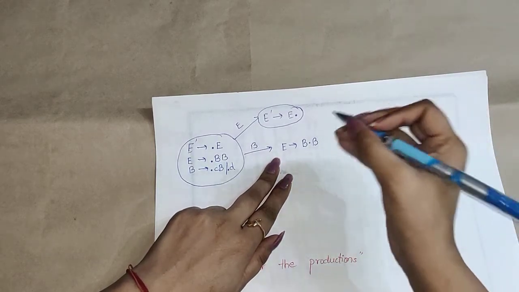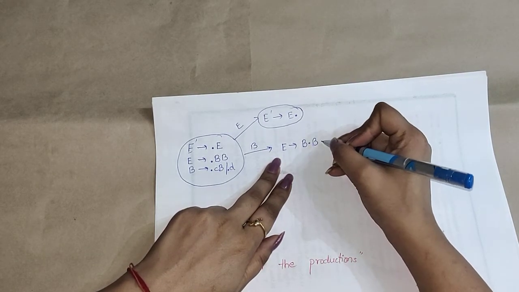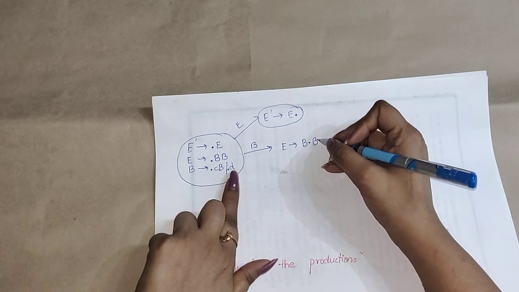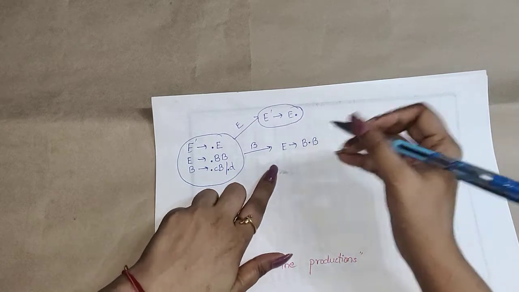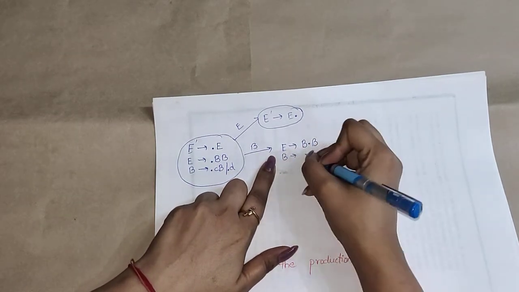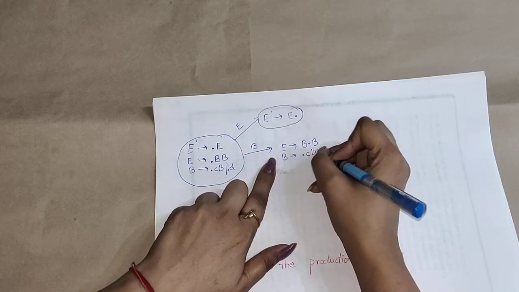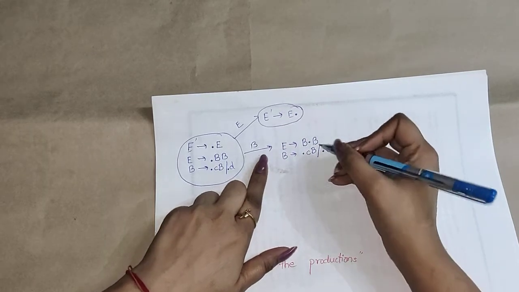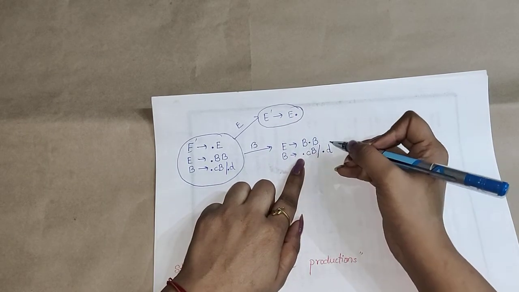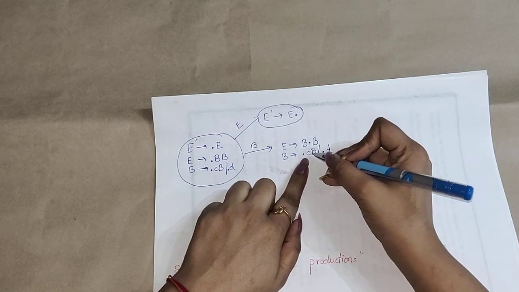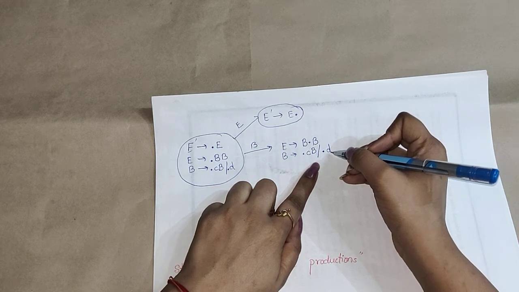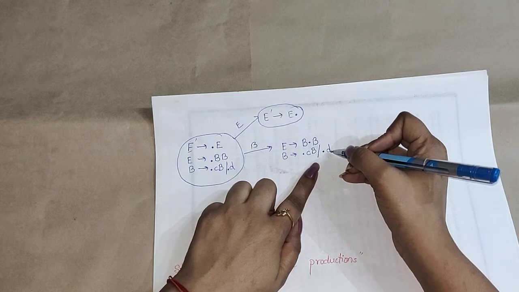Clear? Now check, is there any non-terminal after the dot? Yes, we have B. So now what will we do, whatever is the corresponding production rule of B, we will write it as it is. B to dot CB and dot D. Clear? Now check, is there any non-terminal after the dot? The C is not a non-terminal, this is a terminal, and this is also a terminal symbol. So we do not have any non-terminal symbol in the right hand side of the dot.